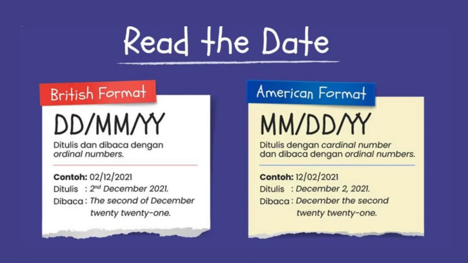And it is read the 2nd of December 2021. And the example of the American format is 12/2/2021. It is written December 2, 2021, and it is read December the 2nd, 2021.